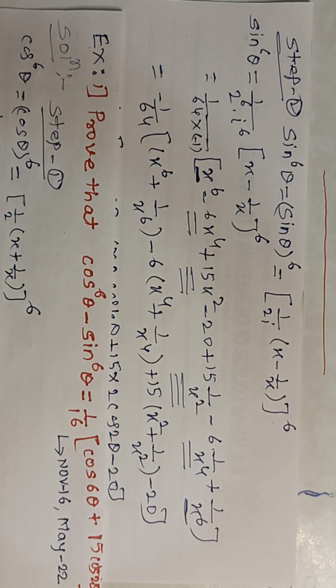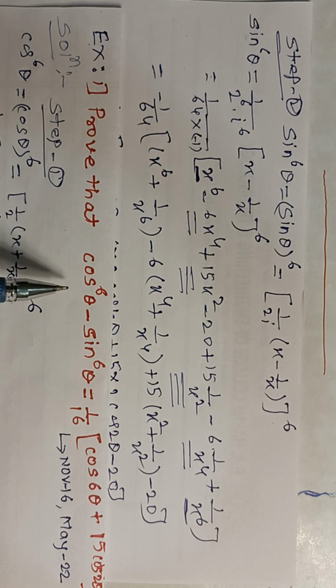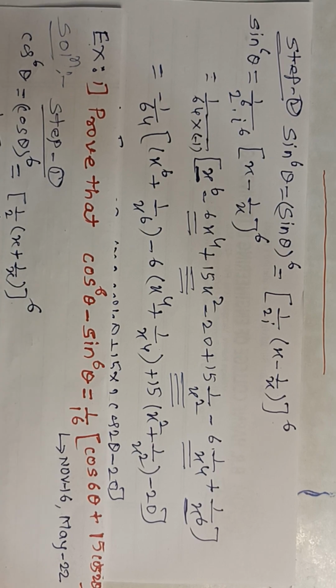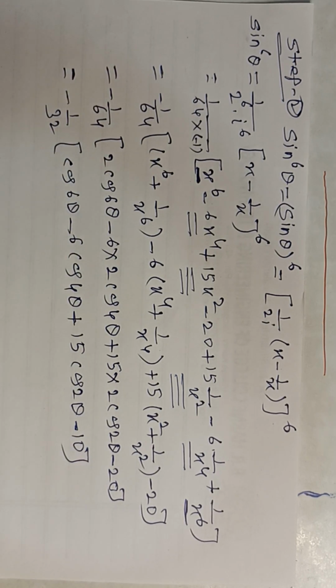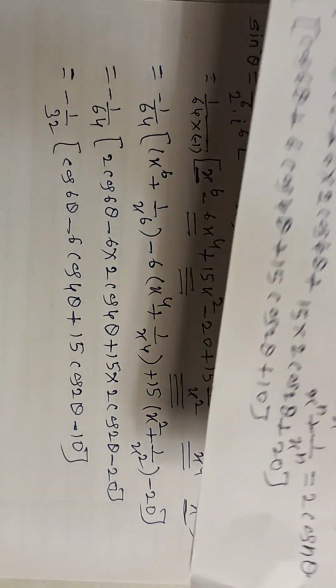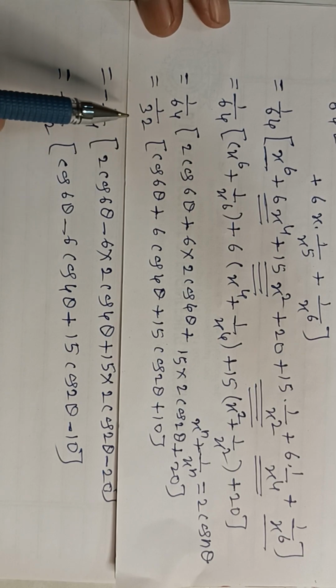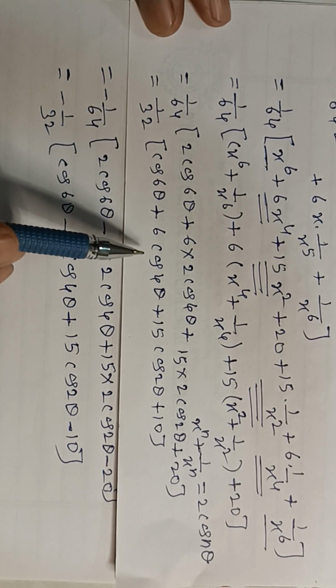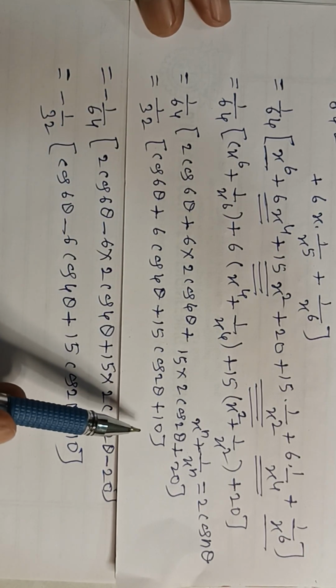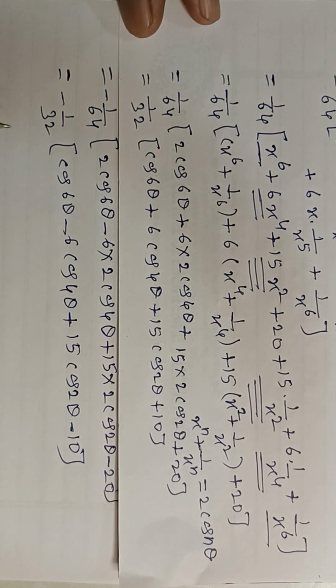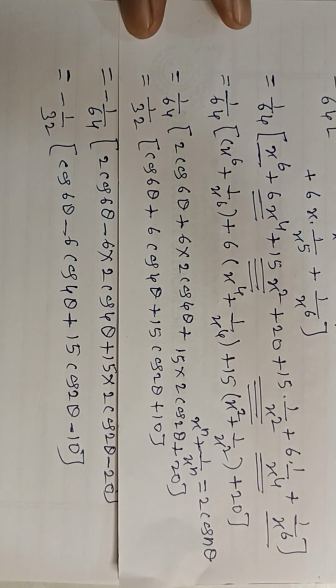That is this one. We have to prove that the 6th power of cos theta minus the 6th power of sin theta is equal to this one. So the 6th power of cos theta is this one: 1 upon 32 into cos 6 theta plus 6 cos 4 theta plus 15 cos 2 theta plus 10. And the 6th power of sin theta is minus 1 upon 32 into this bracket. So we have to subtract these terms from these terms.